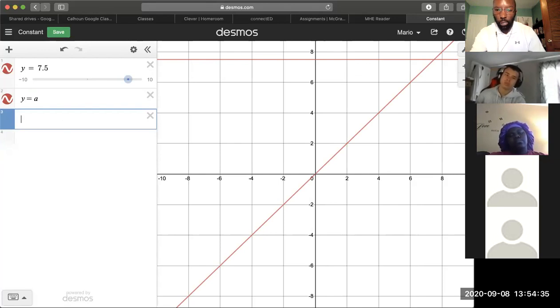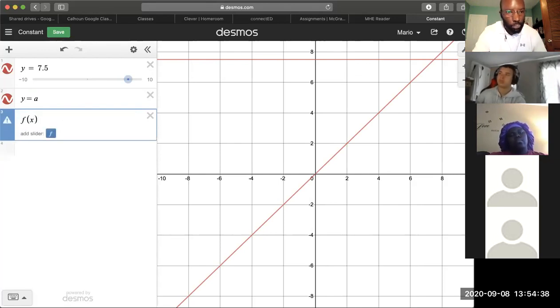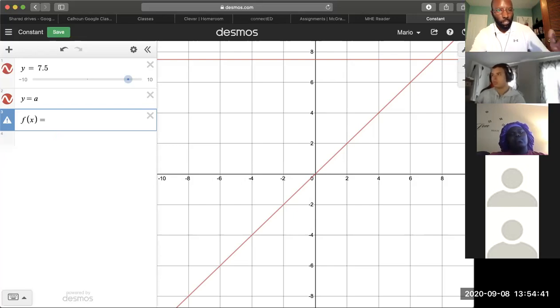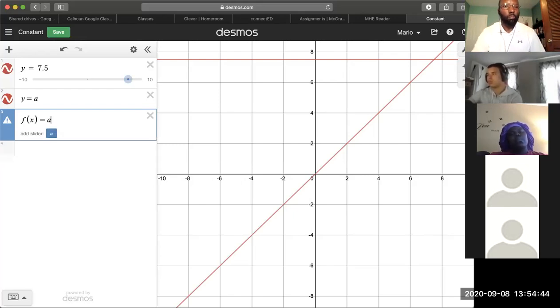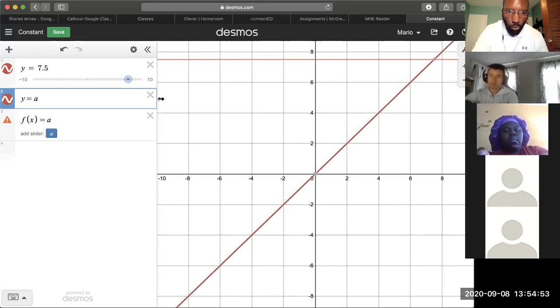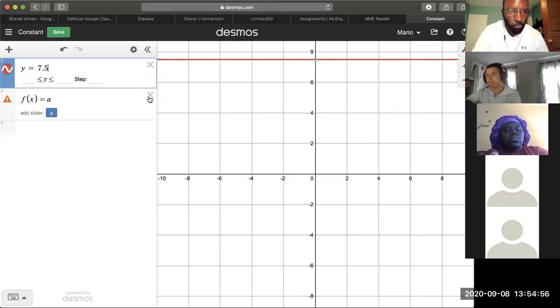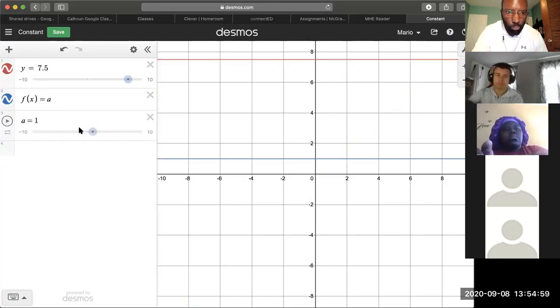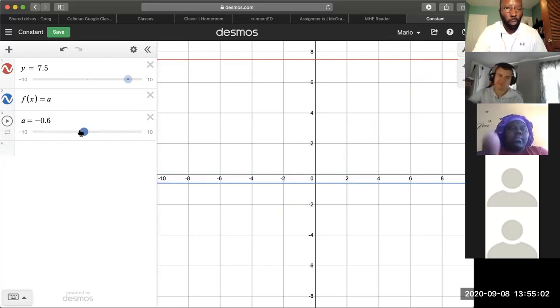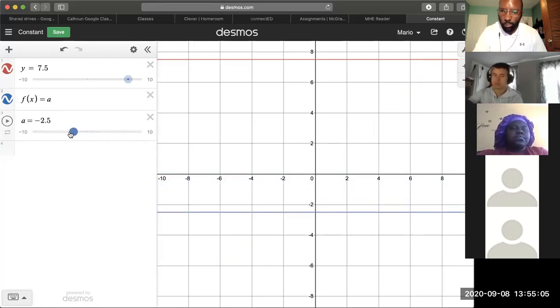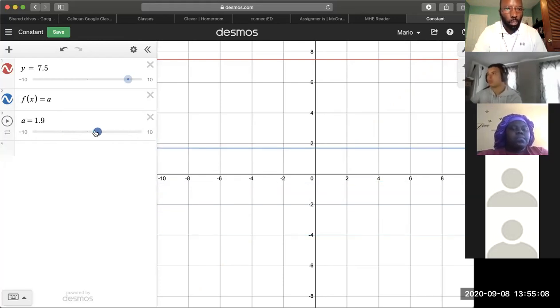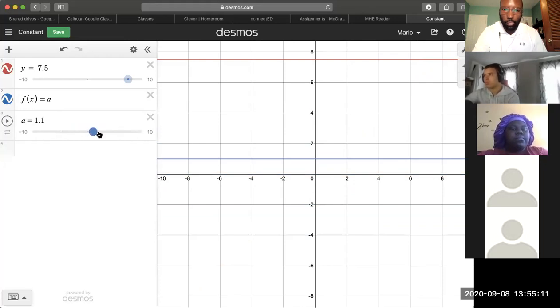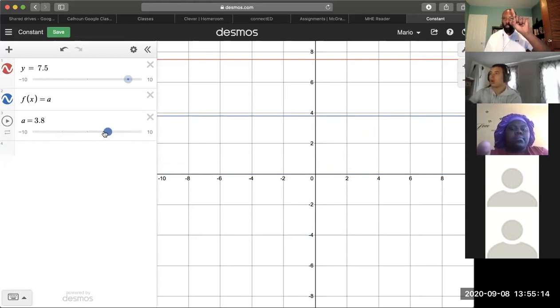Another way we'll write it sometimes is what we call function notation. But notice, even in function form, it's the exact same thing, just a horizontal line. So one of the functions I wanted to make sure that we review is constant.